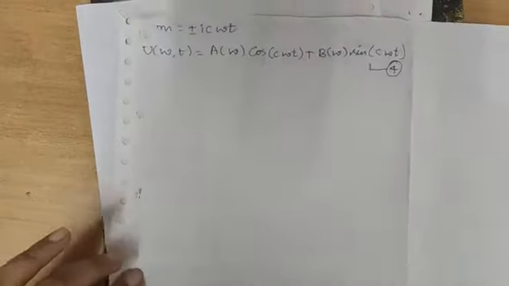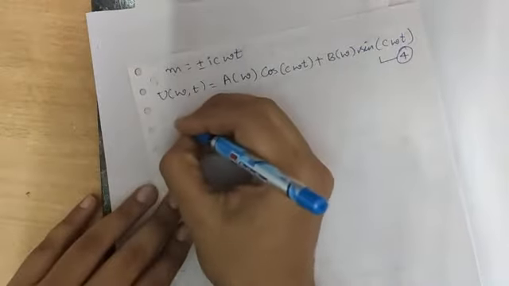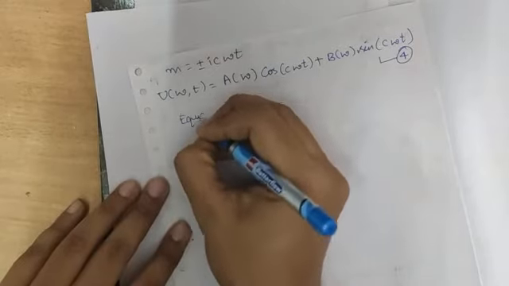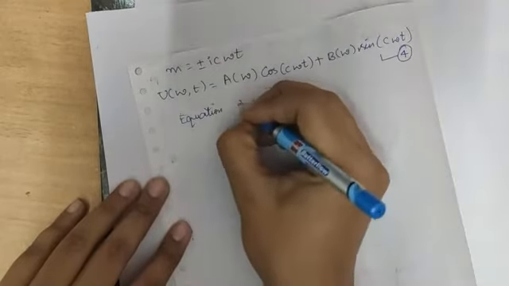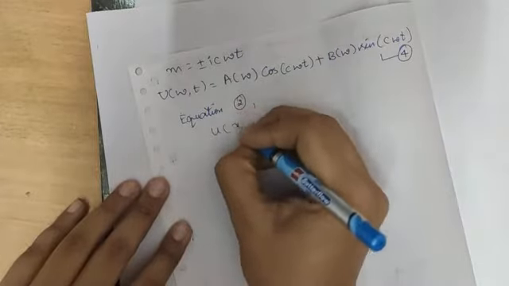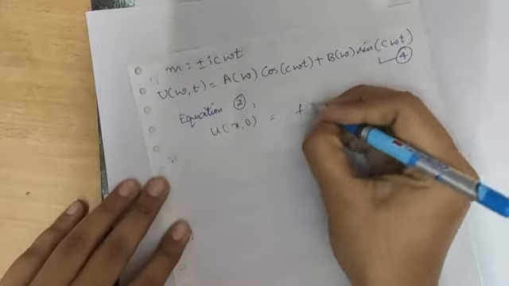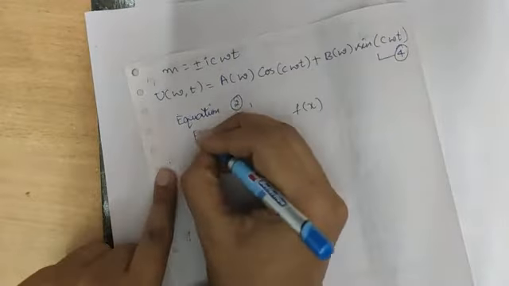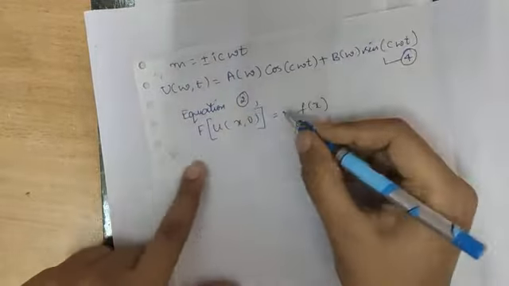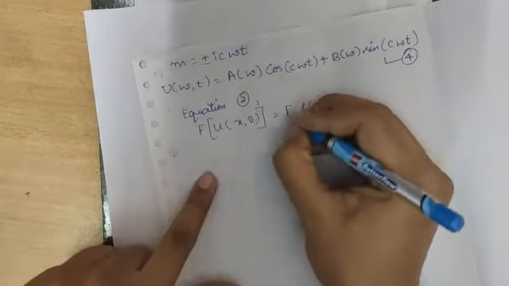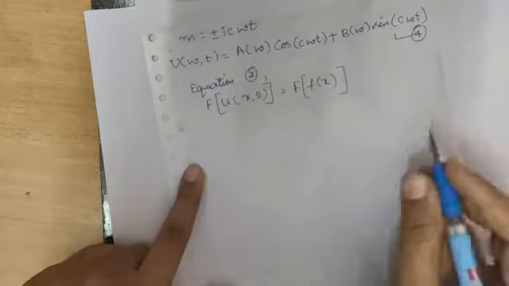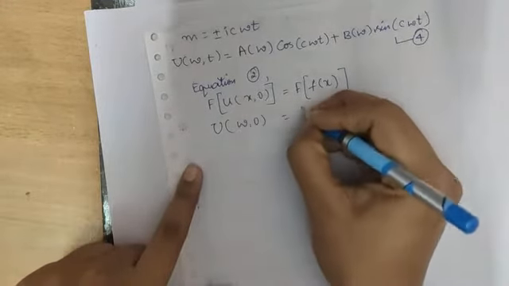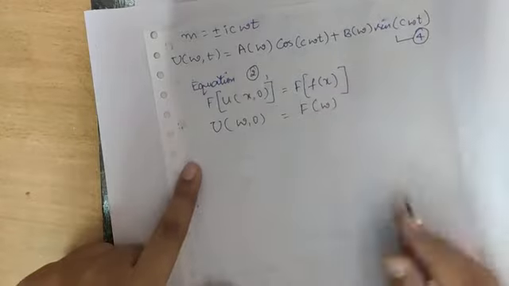If you take the infinite Fourier transform of equation number 2, equation 2 is u of x comma 0 is equal to f of x. So I am taking the infinite Fourier transform of this, that is F of u of x comma 0 is equal to F of f of x. So you will get u of omega comma 0 which is equal to f of omega.